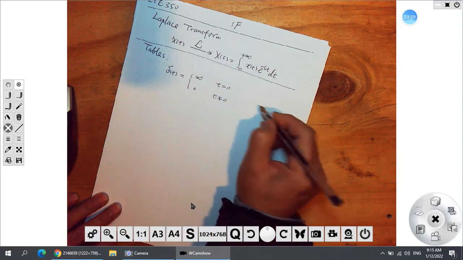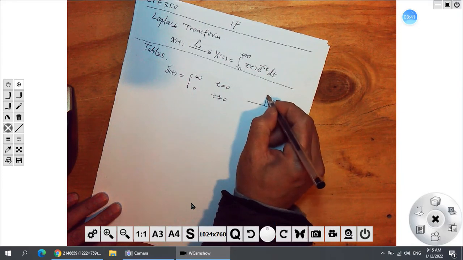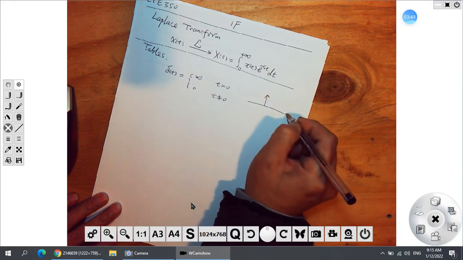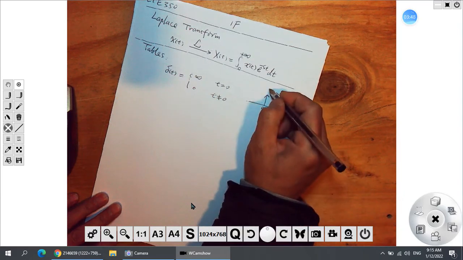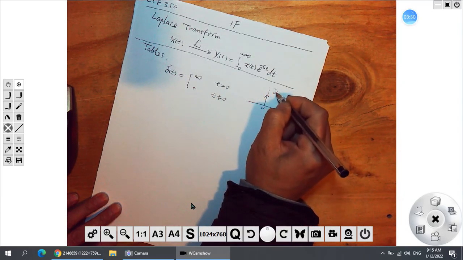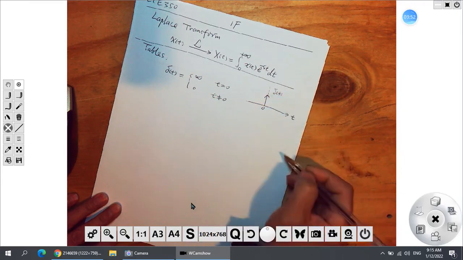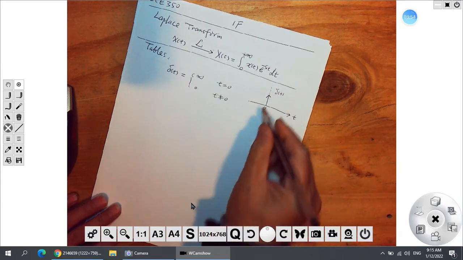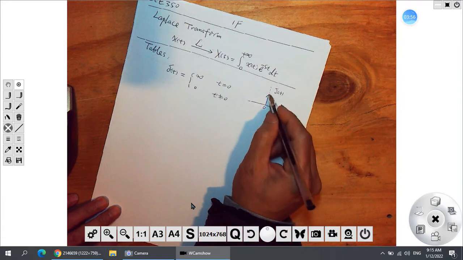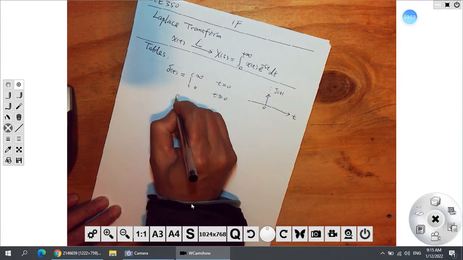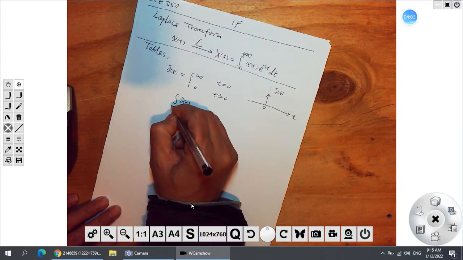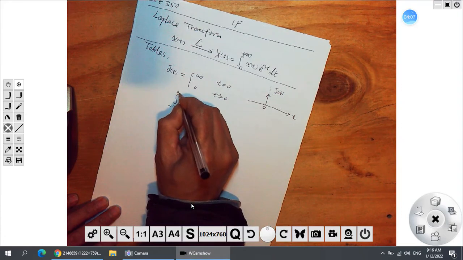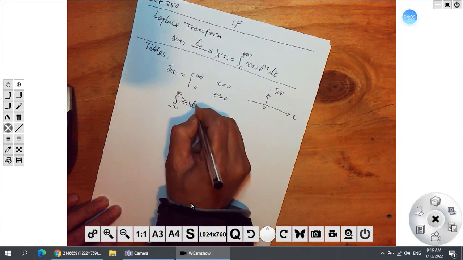So its graph looks like this, going to infinity. This is the time t, and the origin is here. This is delta of t. Here it will go to infinity. And we have a restriction on this infinite value. We want the integral of delta of t from any negative point to positive point, so usually you can just write it this way, to be equal to 1.